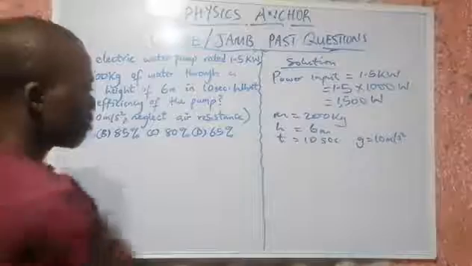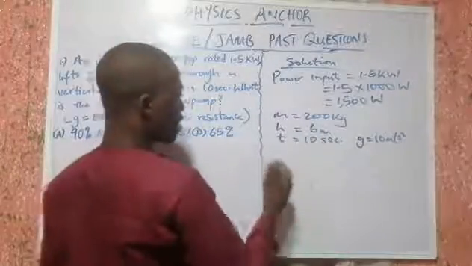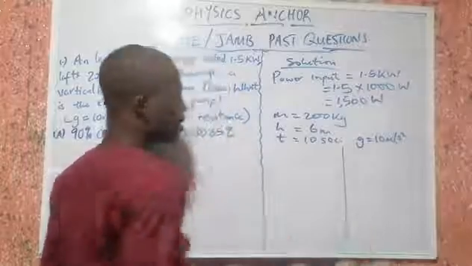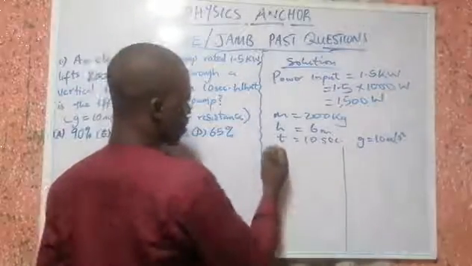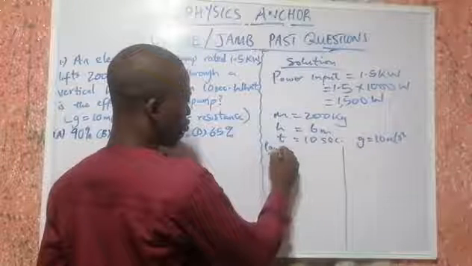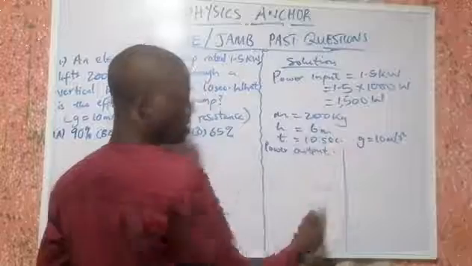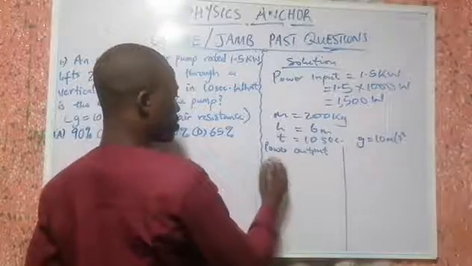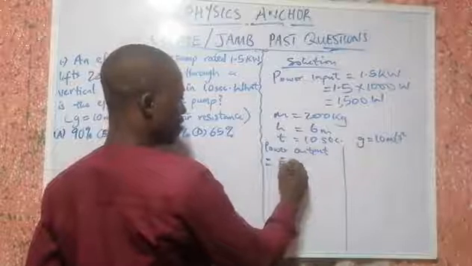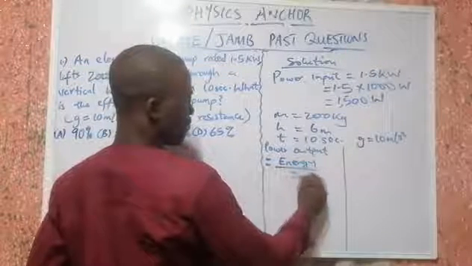So these parameters, when you look at them very well, can give us our power output. Power output is the work that is being done, so that equals energy over time.